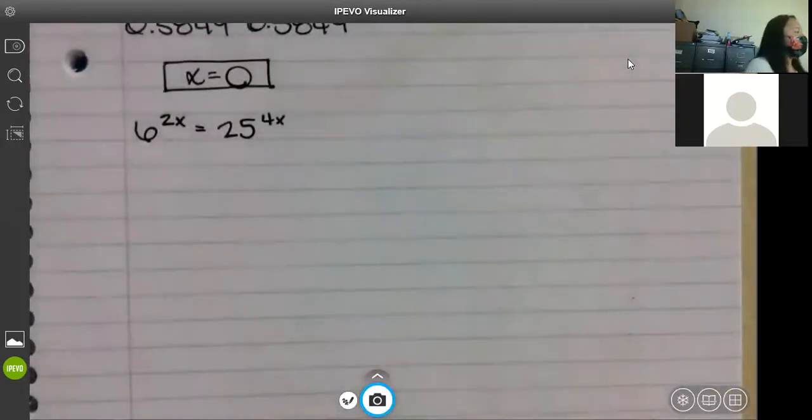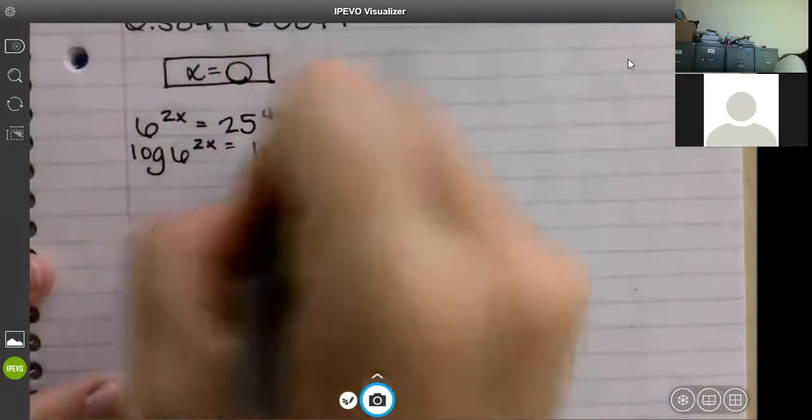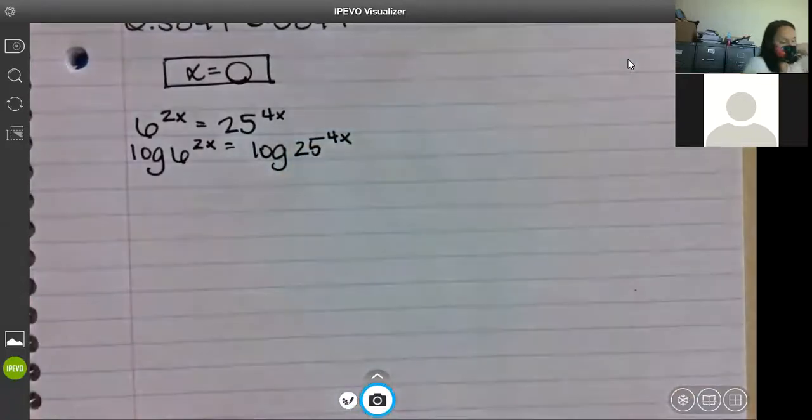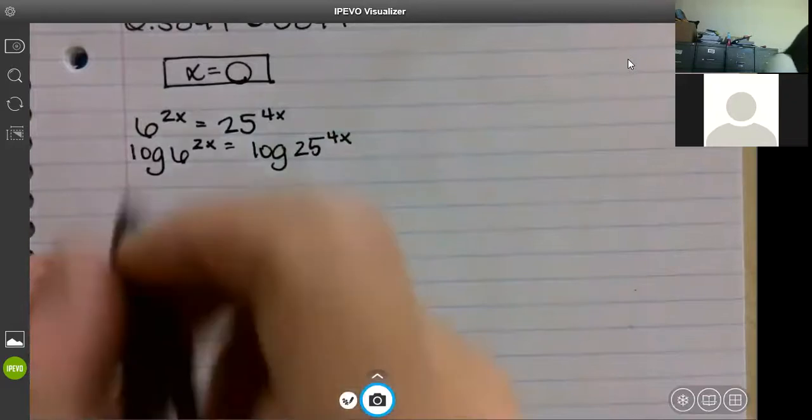What do I have to do to get those powers down? Log both sides. Then what do? Move your logs.